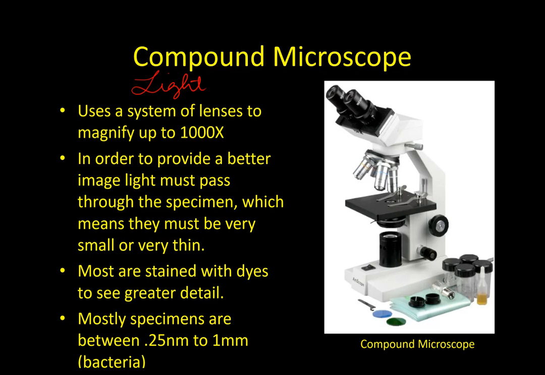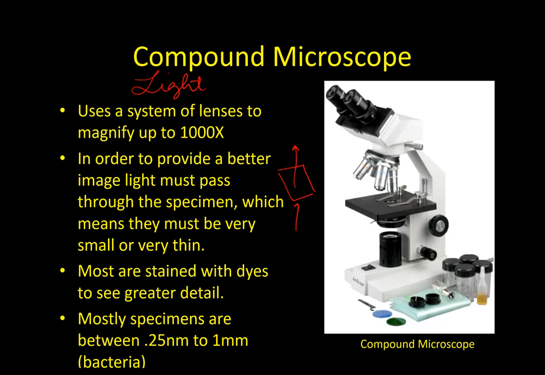It actually uses a system of lenses to magnify up to 1,000 times. In order to provide a better image, the light actually has to be able to pass through the specimen. What that means is whatever our specimen is has to be very thin so that that light can come through it, okay?